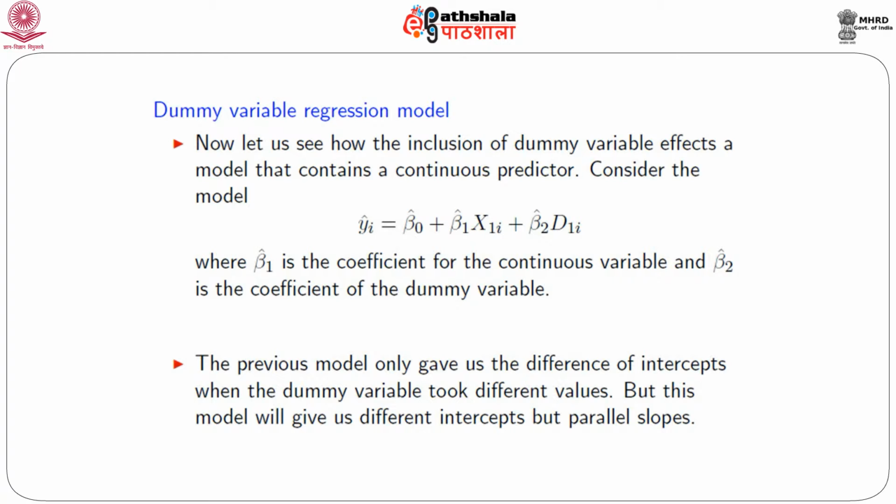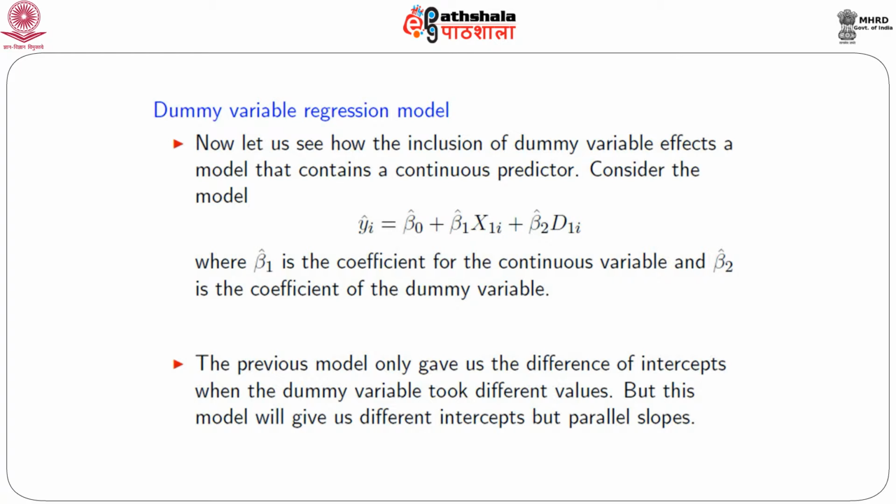The first model, which only contained a dummy variable, only gave us the difference of intercept. We had seen that when the categorical variable was 1, the predictor was beta naught hat plus beta 1 hat without any continuous predictor, and when d equals 0, we only had beta naught hat. So the change in y just gave us the difference of intercept.